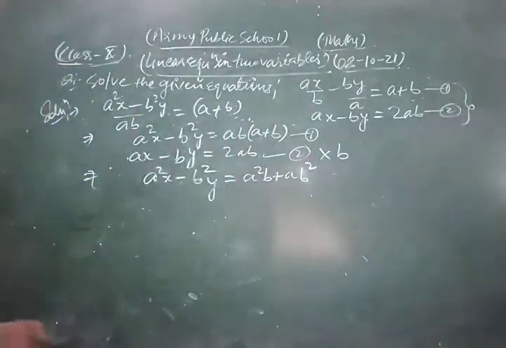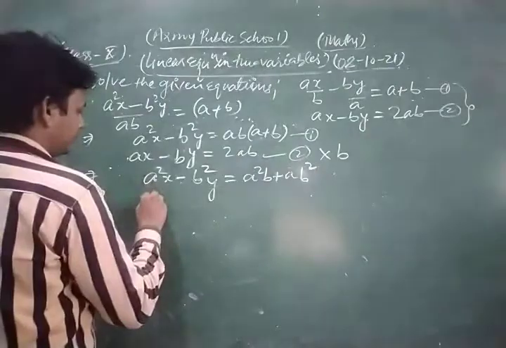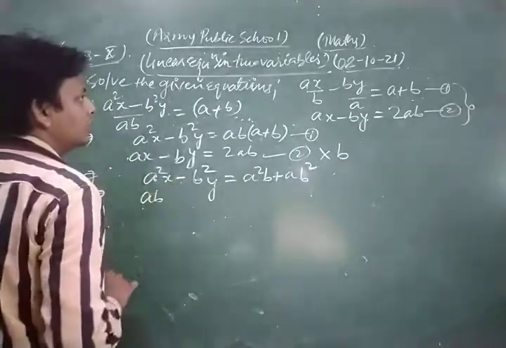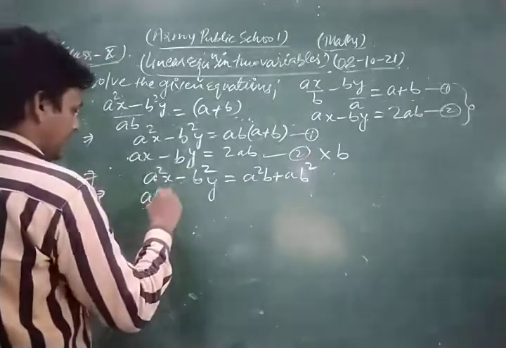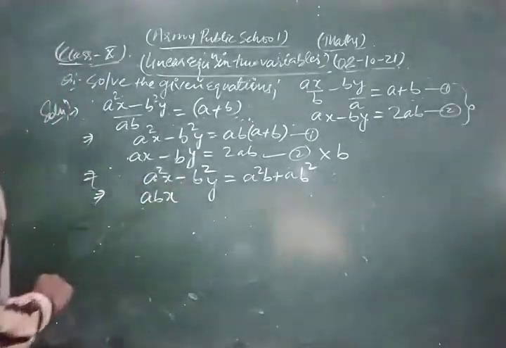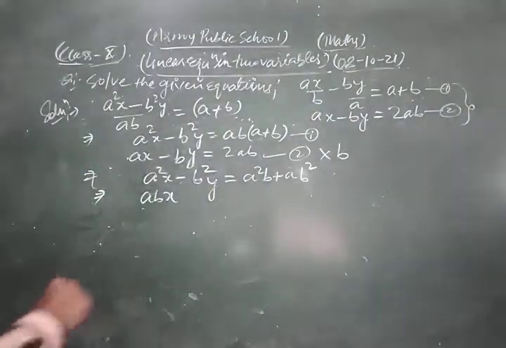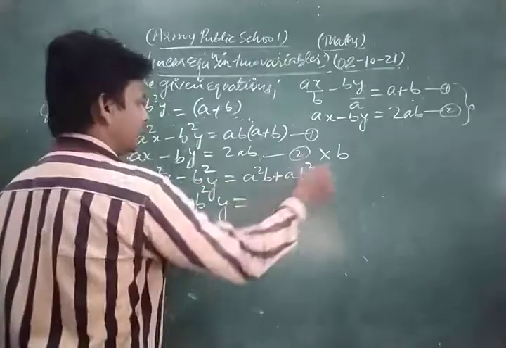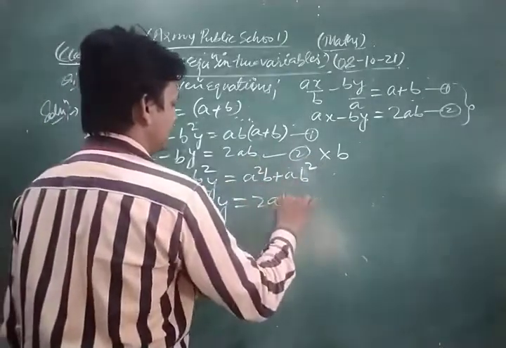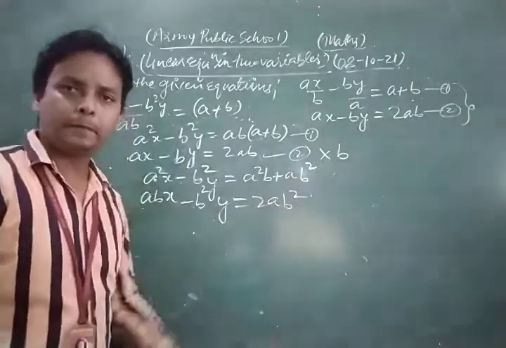Now in the second equation we multiply by b. So this is abx minus b square y, and here this is 2ab square, on that side 2ab square.